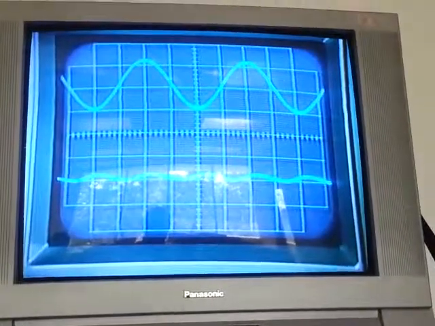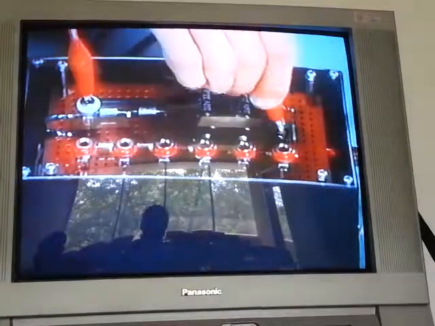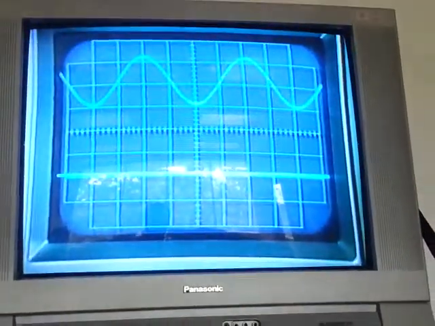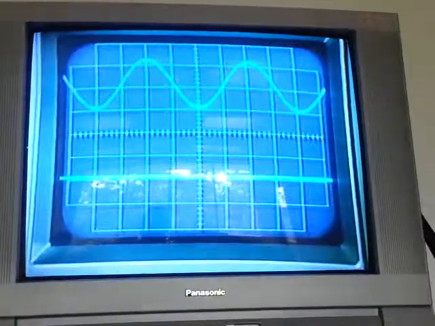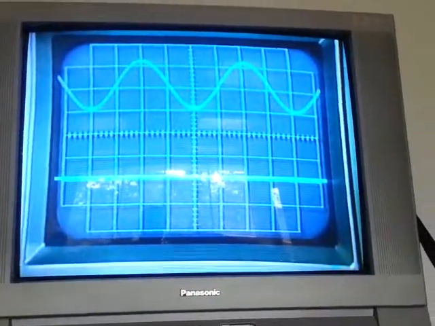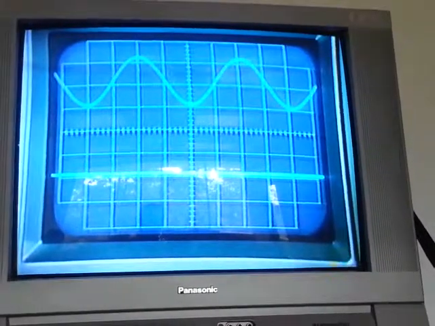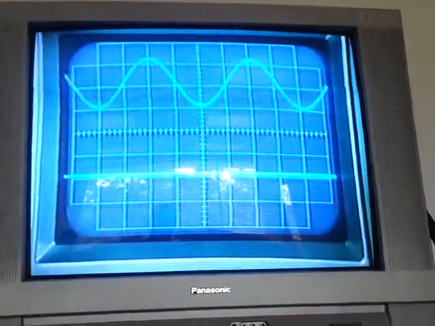Now it has been smoothed out to a great extent. Now look, the one above is the original wave pattern of the alternating current, and the one below is the wave pattern of the rectified direct current processed by the rectifying circuit.